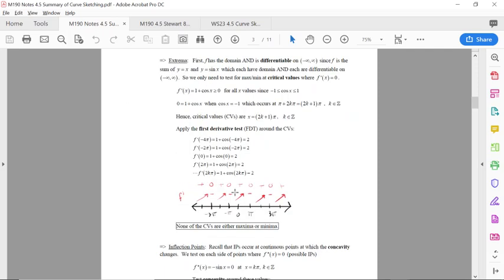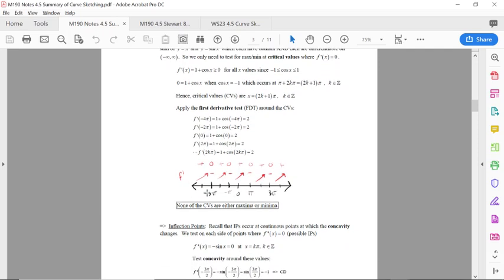So we take a look within the subintervals, not plugging in the critical values, but values within the subintervals between critical values, and we find that the first derivative ends up being positive within each of those subintervals. So we have a function that is increasing, then goes flat at a critical point, and then increases again, and it continues with that behavior.